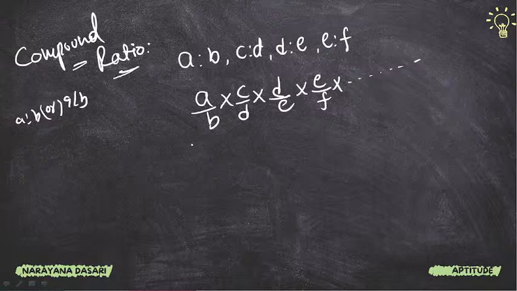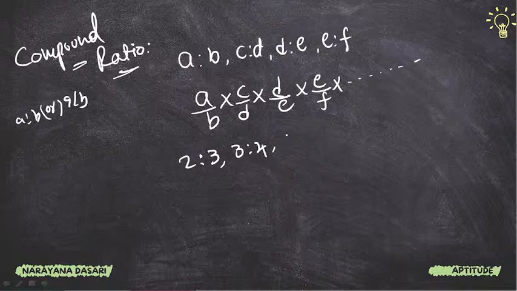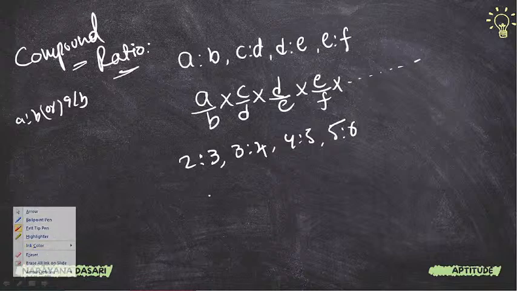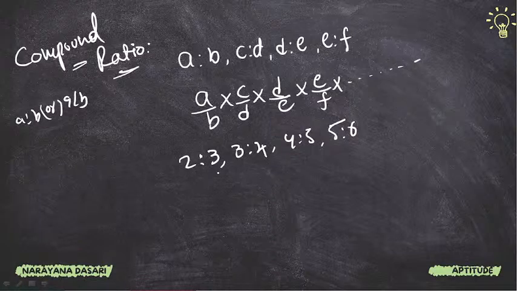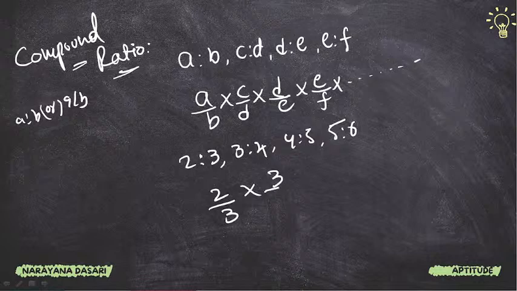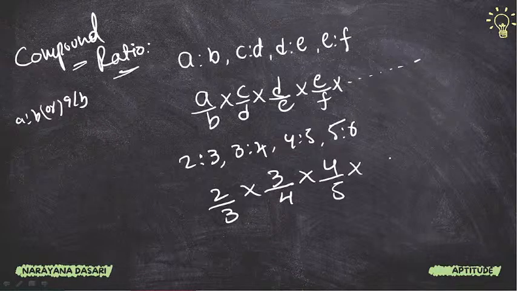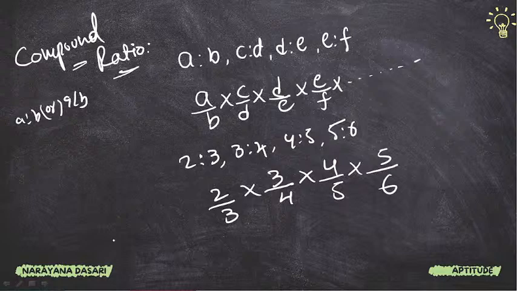For example, 2 is to 3, 3 is to 4, 4 is to 5, 5 is to 6. Find out the compound ratio. 2 is to 3 can be written as 2 by 3 into 3 by 4 into 4 by 5 into 5 by 6.